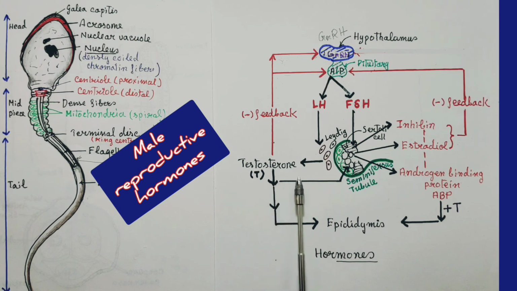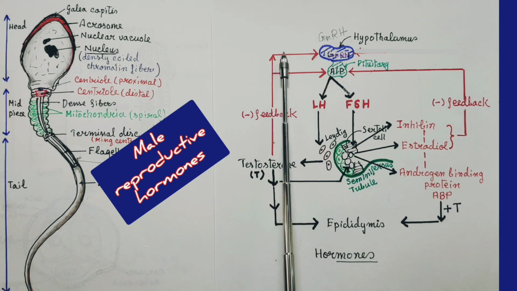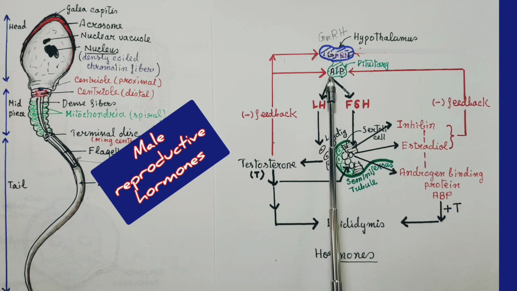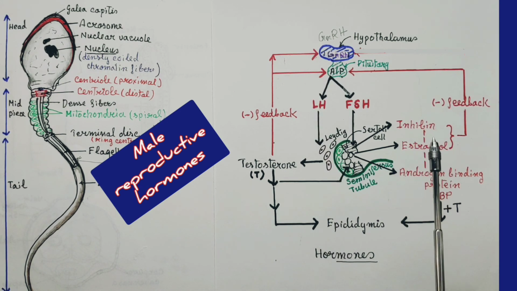And it also stimulates spermatogenesis. If the level of testosterone rises, then a negative feedback system occurs, which gives negative feedback to the hypothalamus and also to the pituitary, and the secretion of GnRH and LH reduces.